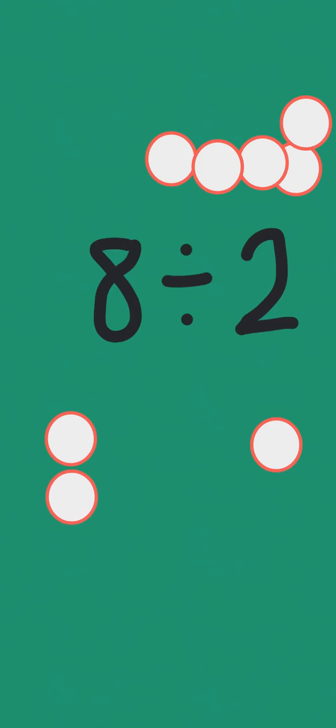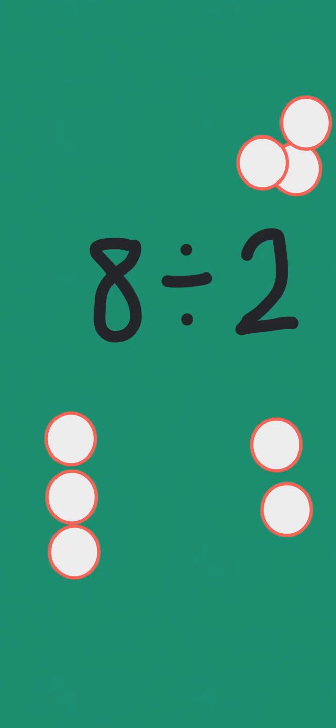As you can see, I'm sharing my 8 counters into 2 equal groups. Here is one equal group, and here is another equal group.